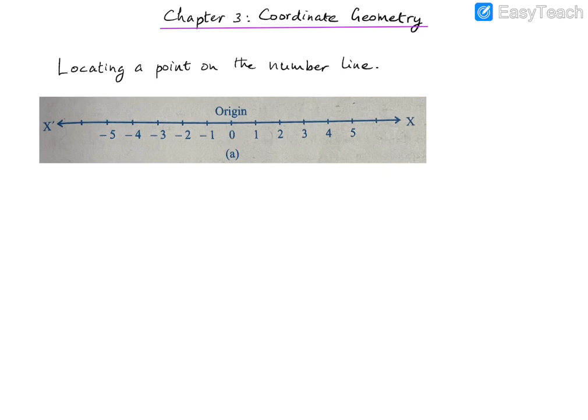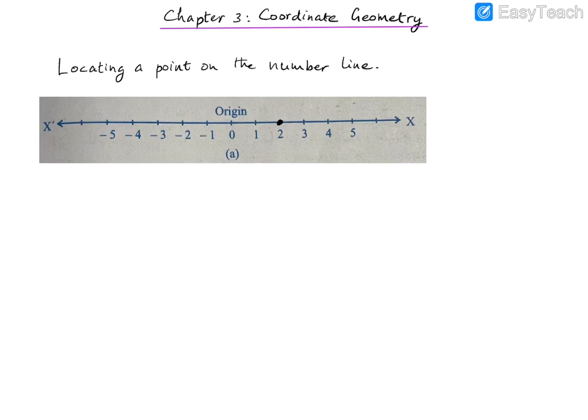Now a situation will arise where we don't have to represent the points on a single line. On the number line here, each of these points is being represented on the line itself. So for example, this point is represented by the number 2. This point has a distance of 2 units from the origin, and it lies on the number line itself.